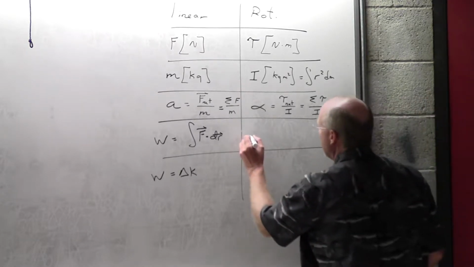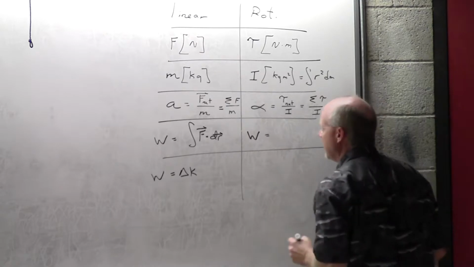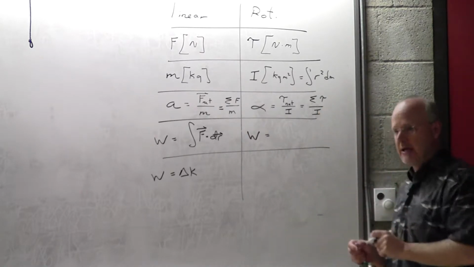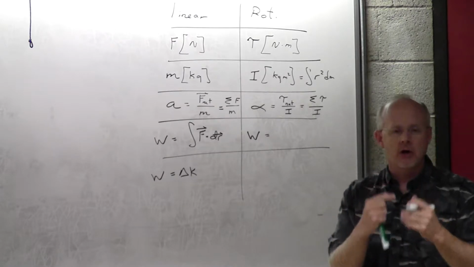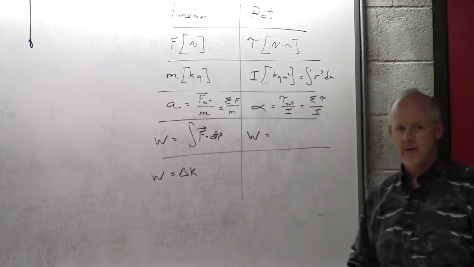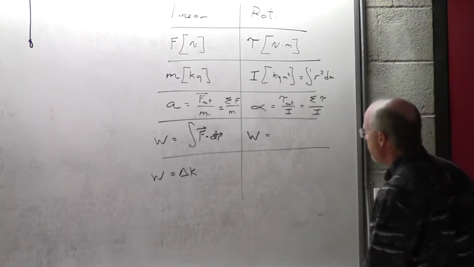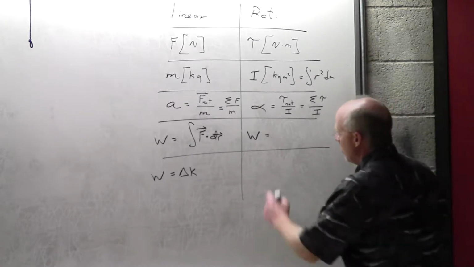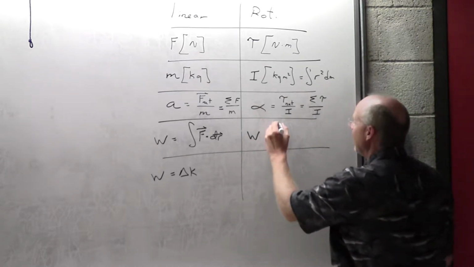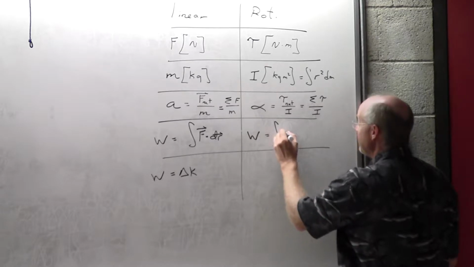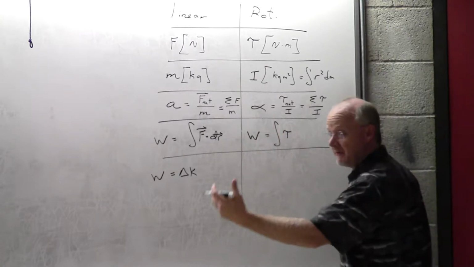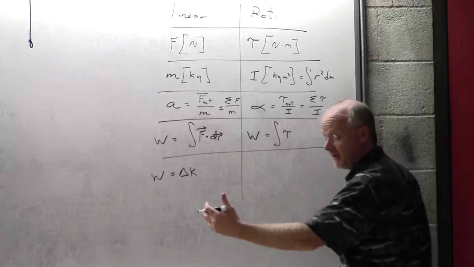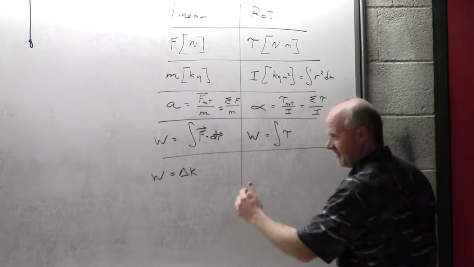So with that in mind, what if we have something that is not translating, or a linear motion, but something that is rotating? How do you think you're going to calculate the work there? Work equals? Oh, good. So it's still an integral, and instead of force you have torque, and instead of distance you have angle.